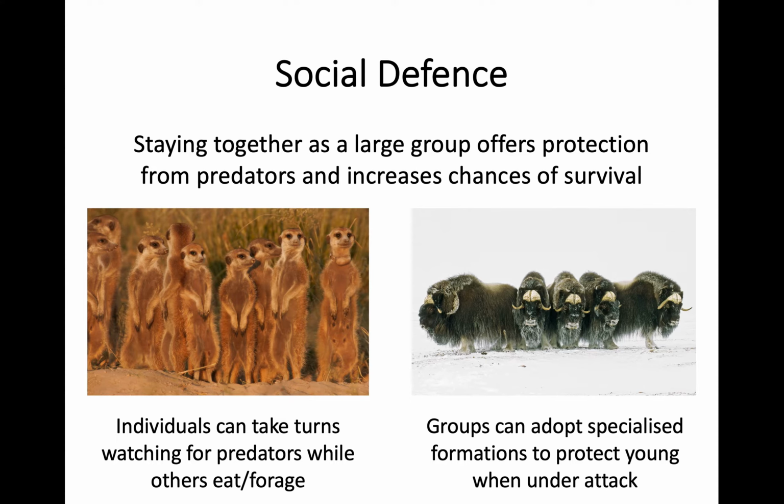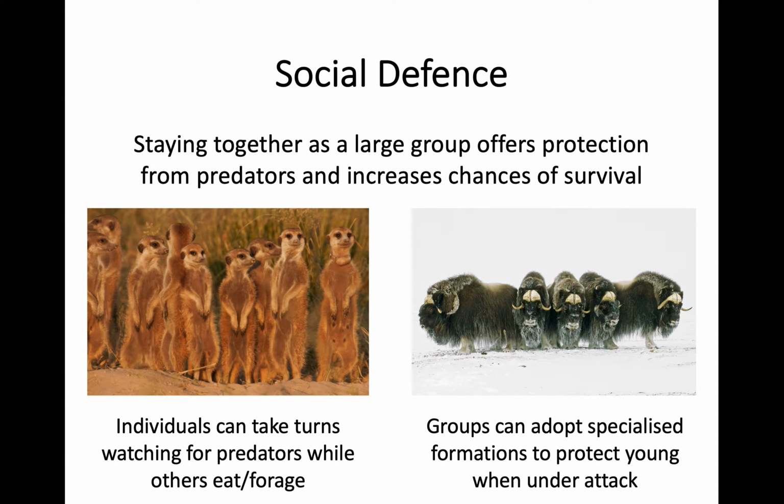What they can often do is take turns looking out for predators while others eat or forage for food, and then they can swap over. This works really well because if they were individuals, they couldn't do both at the same time, and whenever you have your head down eating something, that could be when a predator is stalking you and is going to eat you. Whereas if you're taking turns, some of you will take time to look out, and you'll still get your chance to have some food as well.